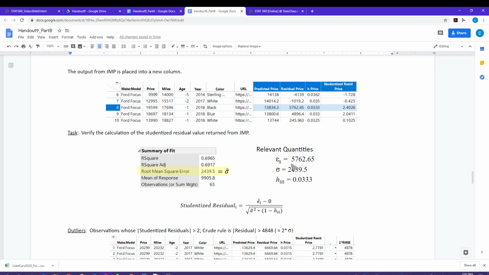Here's just the residual. We have the variance, which is just going to be the root mean square error squared. Take that 2439 squared and plug that in there, and then the hat value for that particular observation.